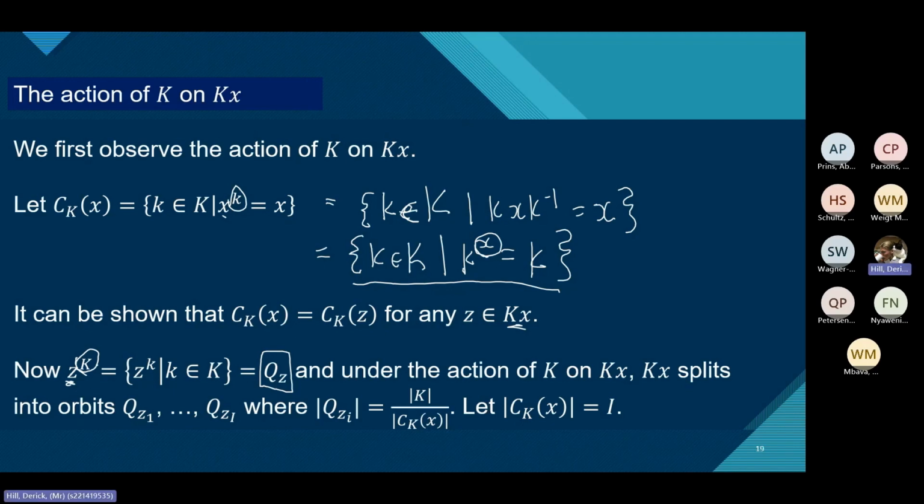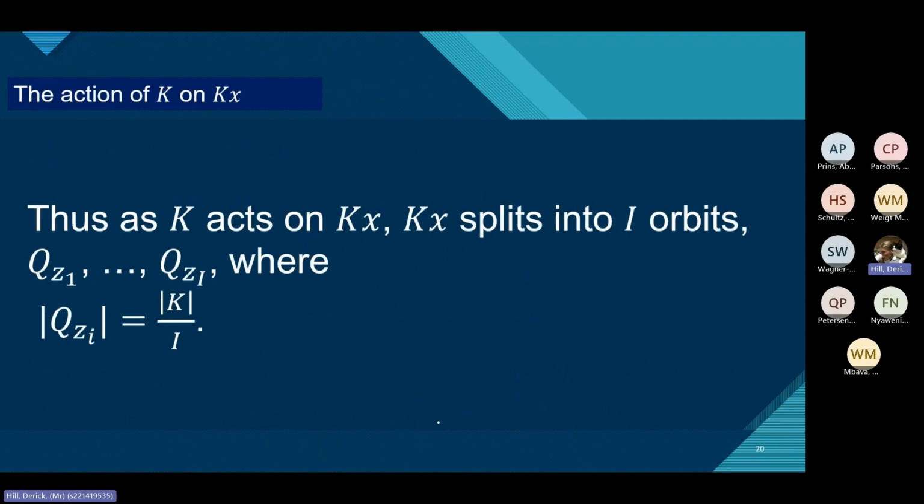So when we act K on Kx, it splits into these orbits. We say that the order of CK(x) is equal to I, and so the size of all these orbits, by the orbit stabilizer theorem, is the order of K over the order of CK(x), which we call I. So in summary, the action of K on Kx splits into I orbits, and we have this equation here, which we will use soon again.